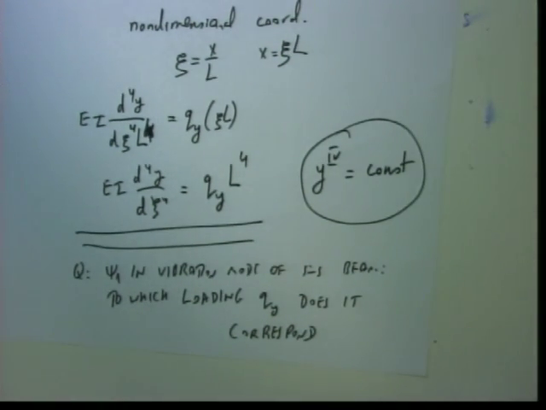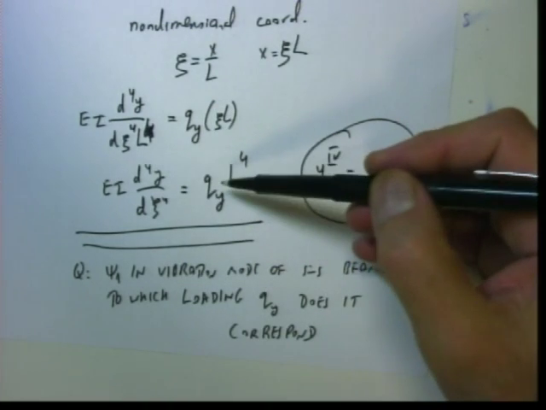I found the vibration mode. Fine. Thank you, psi 1. Then I said, forget vibrations. I just want to calculate what static load produces such a vibration mode. So I will just substitute it here and differentiate four times, and I will get the q.